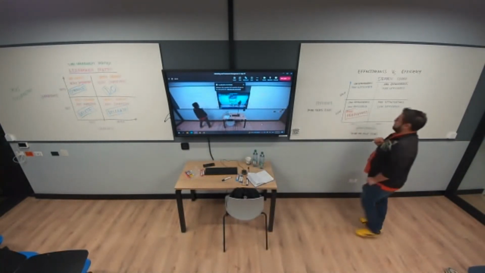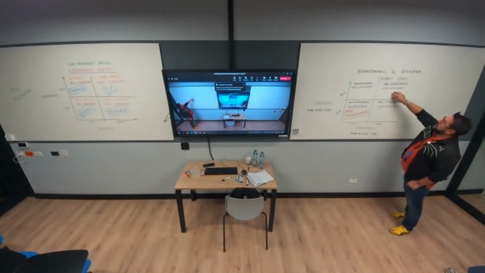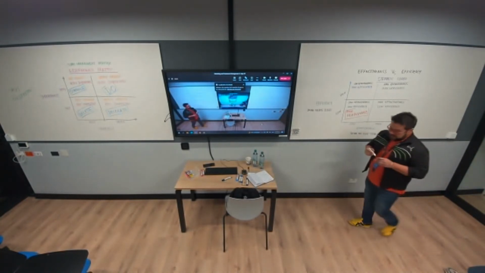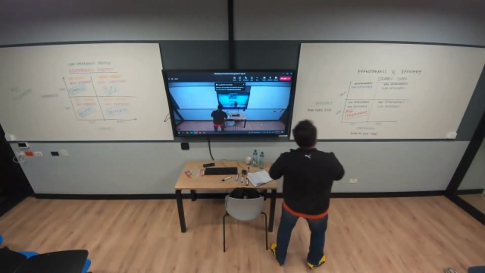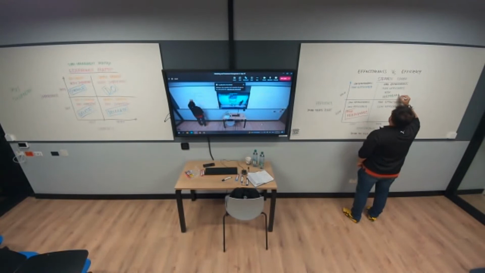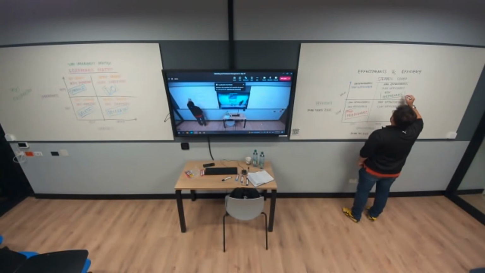Okay, poor performance. The opposite situation is going to be this one here with a high effectiveness and high efficiency. The name for that quadrant, that's rated in green, is going to be peak performance. Do you guys all know what peak means?